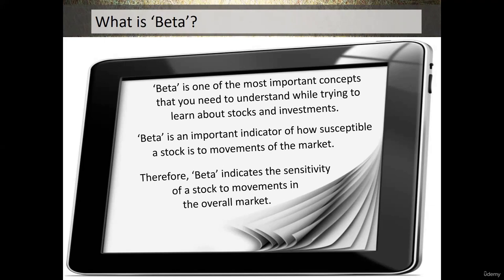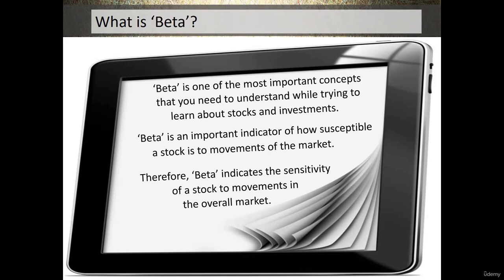Now, unsystematic risk is that risk which can be diversified, which can be reduced through some sort of strategies. Systematic risk is that risk which cannot be reduced, which cannot be dealt with. This is the risk which we are ultimately required to face. Simple. This is because of the system itself.